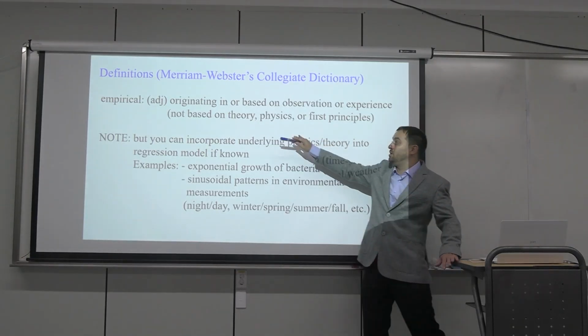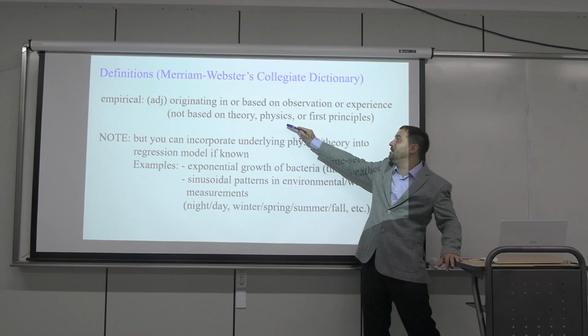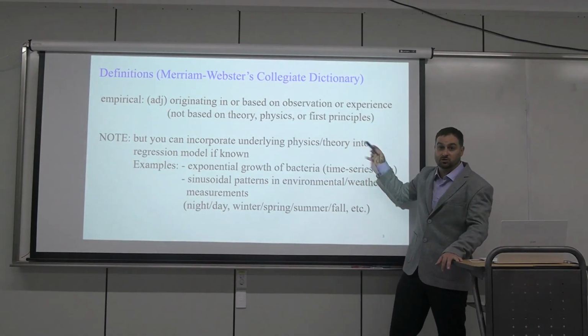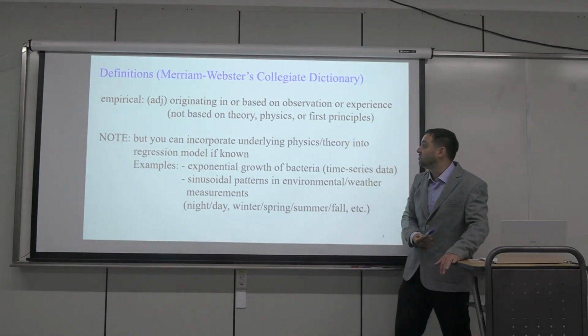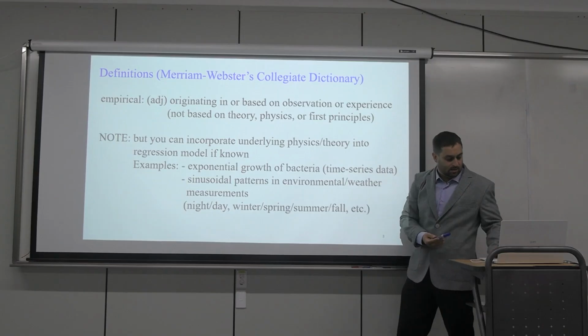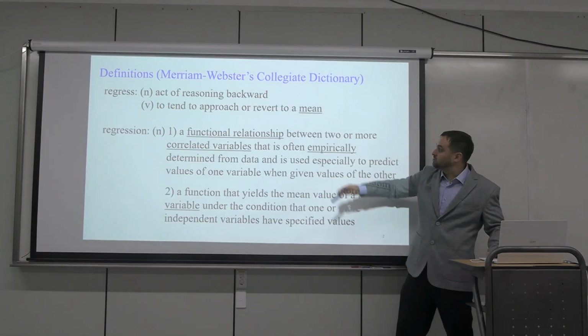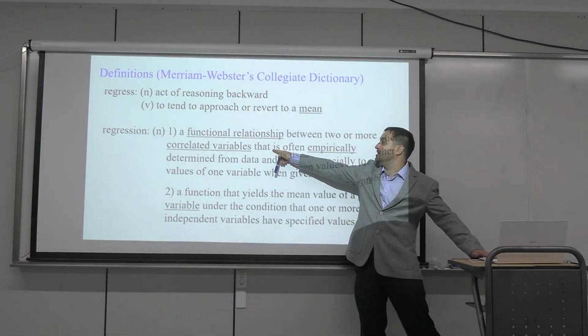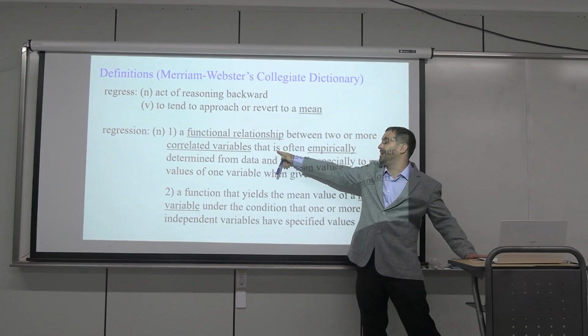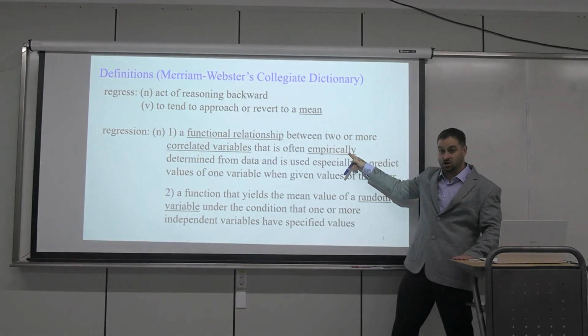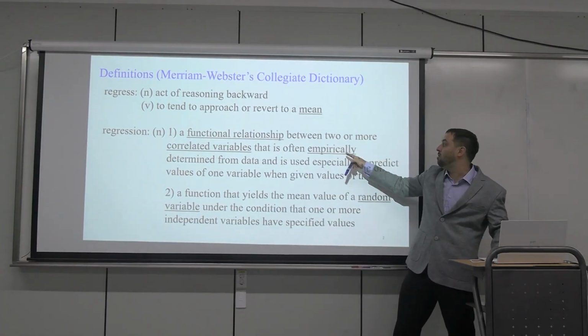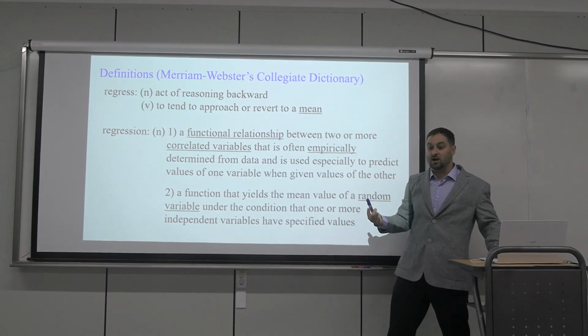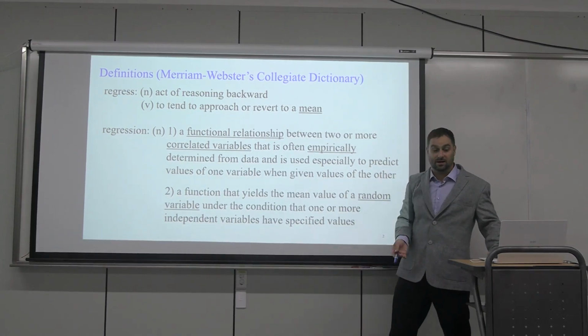It's not based on theory, physics, or first principles, so it's based on our observations. The first definition said a regression is a functional relation that is often empirically determined. So not always, but most of the time we do regressions based on empirical evidence.